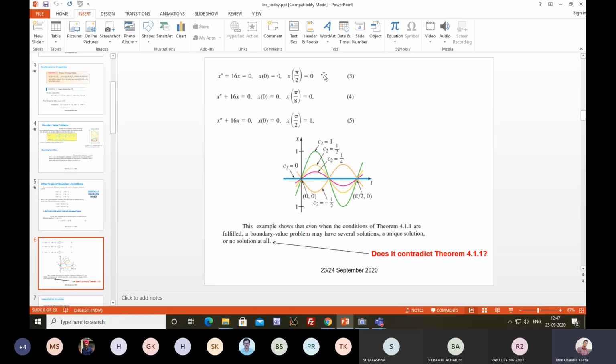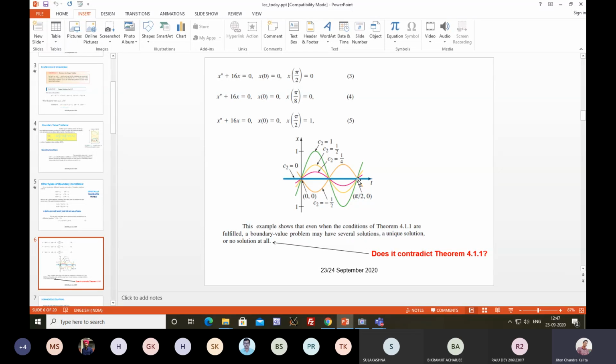For different values of C2, you can have different solutions, and of course they are all passing through the point t equal to 0 and pi by 2.